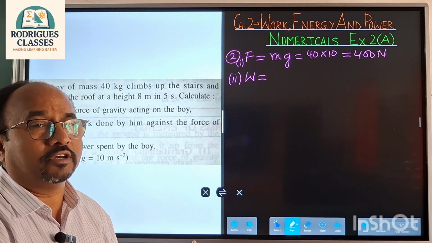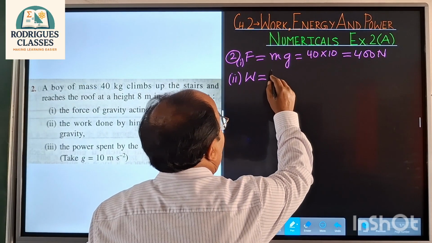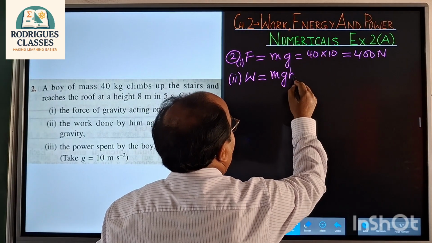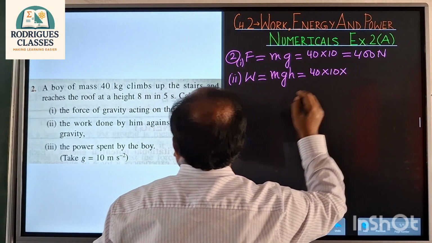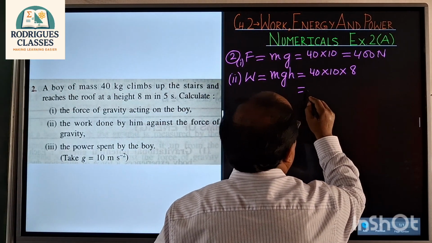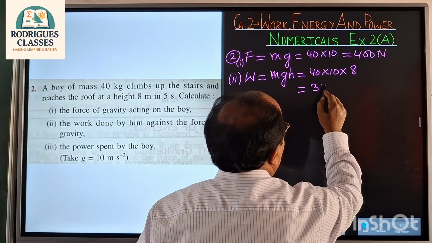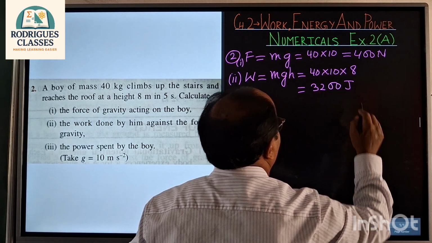I will try to show here work done by the force of gravity with mgh. So I am writing here mgh. So M is 40, G is 10, and the height given here was 8 meter. So into 8, multiply 8 4s is 32, and then 2 zeros, this much joule you get.